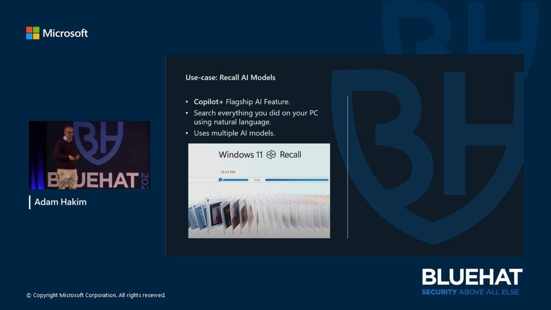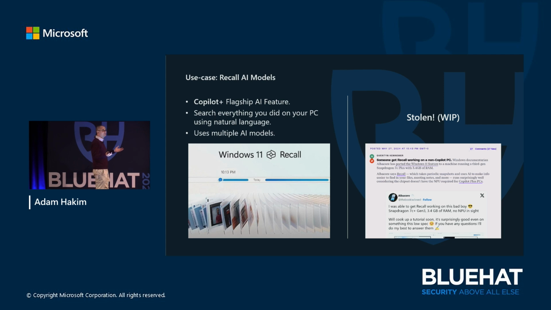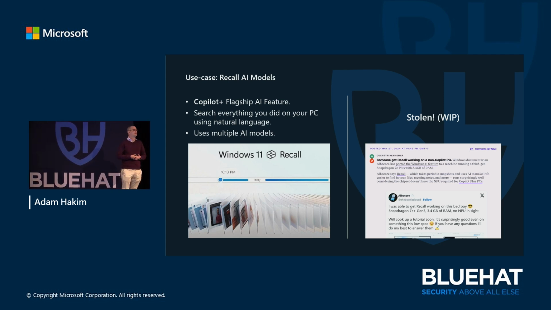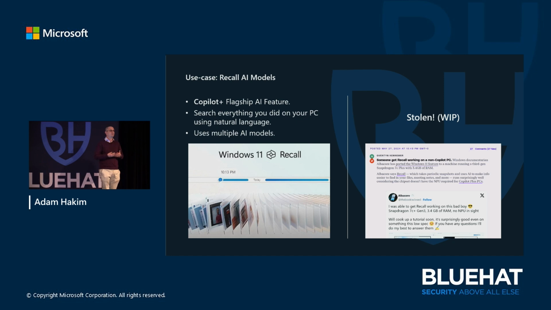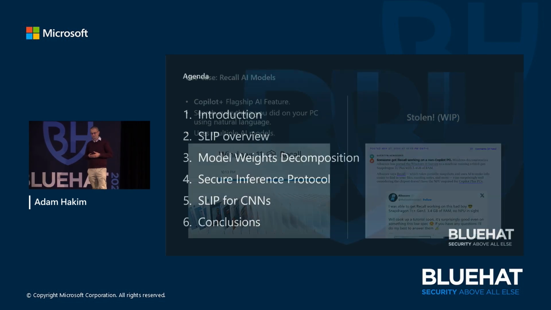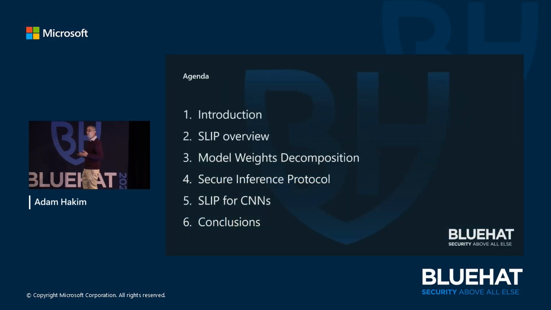And what happened very quickly is that a hacker, maybe somebody in this conference, was able to access all of these AI models and upload them online. So all the hard work from the development team was available now for anybody to take and to use this feature on hardware that it wasn't intended for. So this is a use case for why we need a way to deploy AI models on edge devices, but in a way that they are protected.